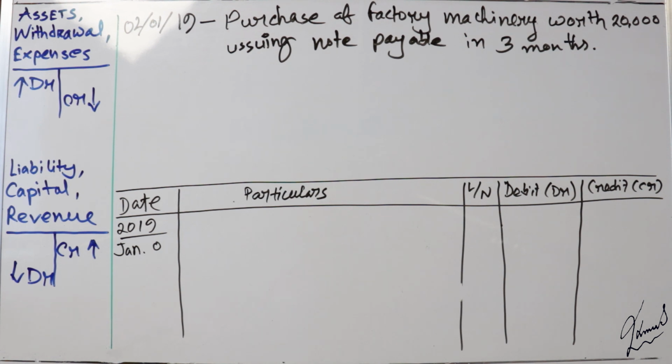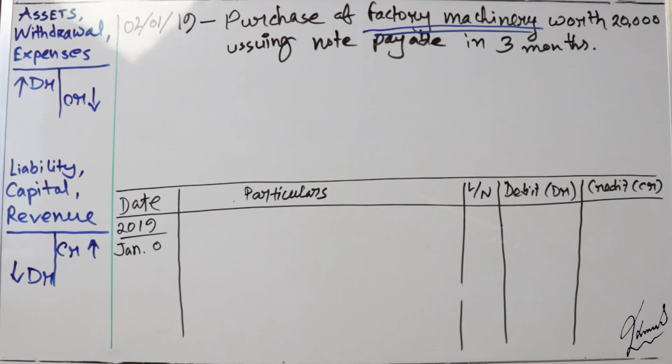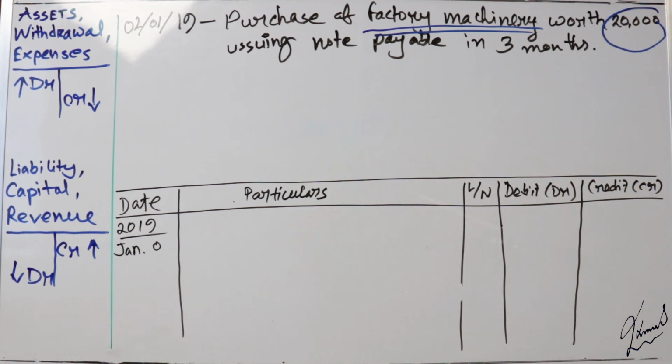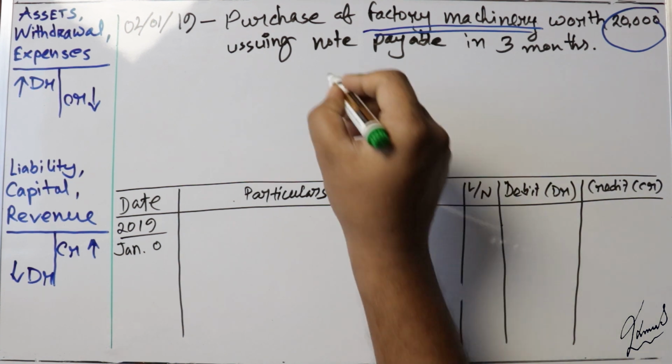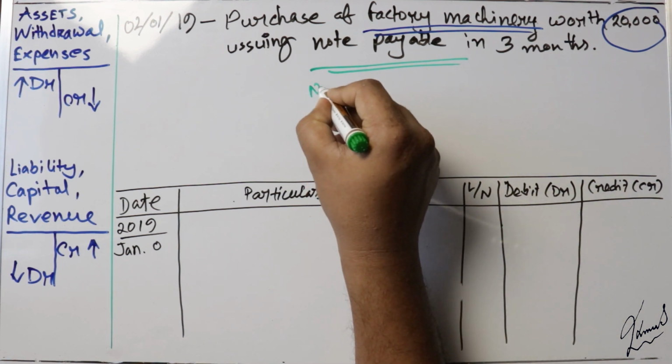The next transaction is purchase of factory machinery worth 20,000, issuing a note payable in 3 months. So factory machinery has been purchased, and to purchase the factory machinery we have issued 20,000 worth of notes payable. Since it's notes payable, we are not paying any money at this moment.